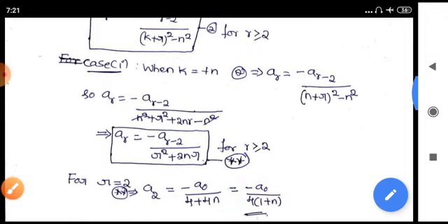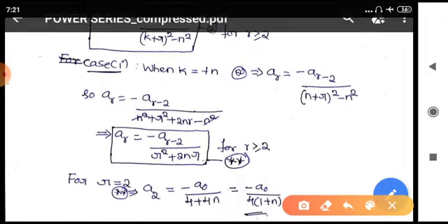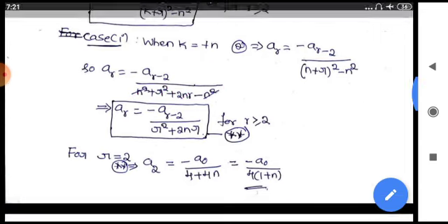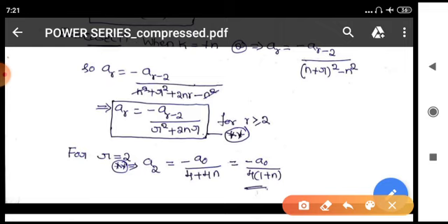So on simplification, this will give a r equal to minus a r minus 2, expand (n plus r) whole square: n square plus r square plus 2nr, minus n square. So plus n square minus n square cancels. What we get is a r equal to minus a r minus 2 divided by r square plus 2nr. Call this equation double star.